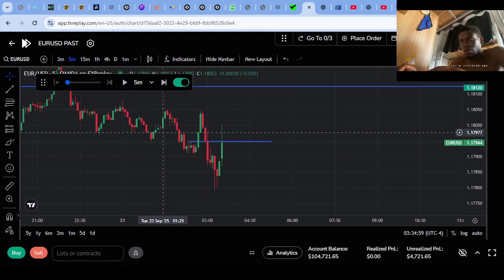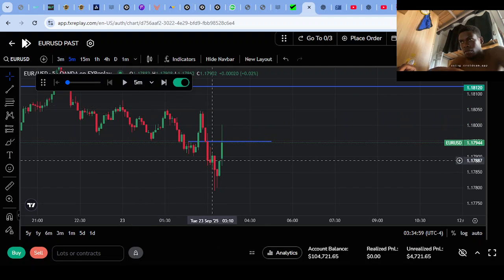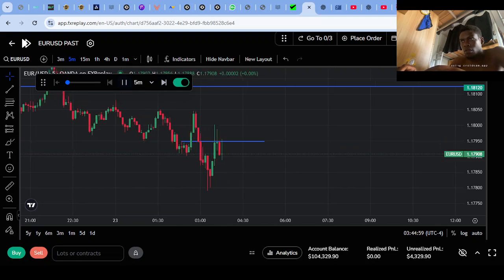So if we look here, we can see that price made a gap here, an FVG. So let's see how it goes.